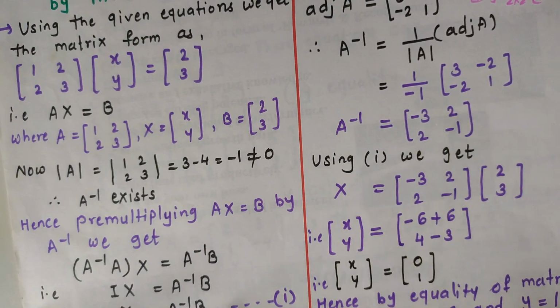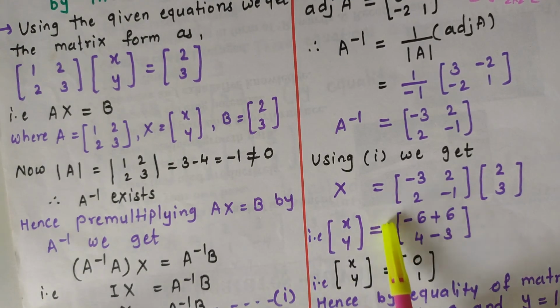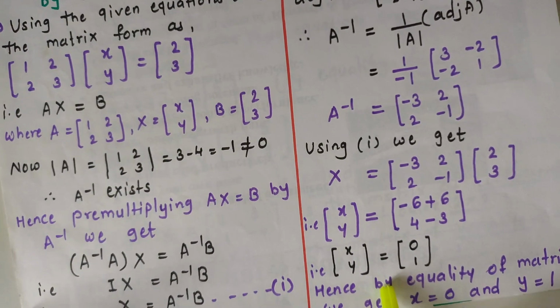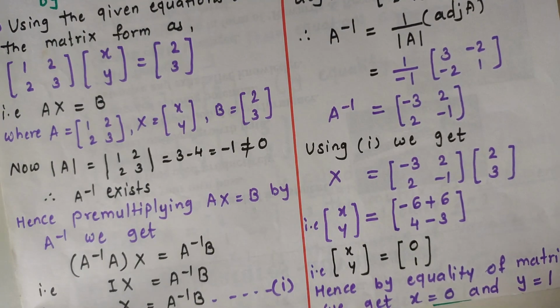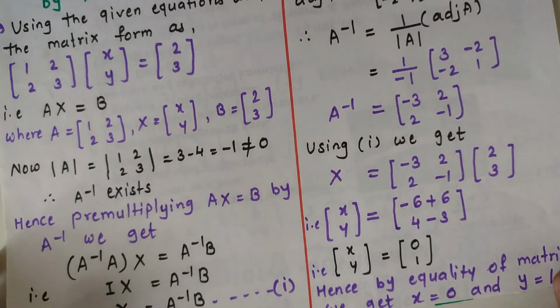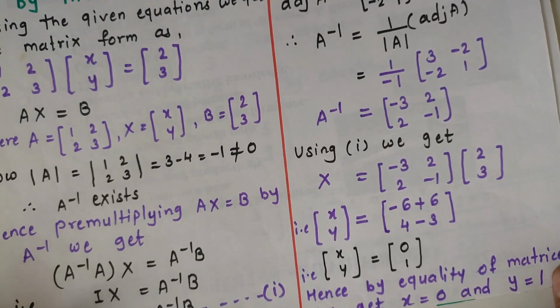Then putting the value of A inverse in this equation, we get the values of variables X and Y. In this way we can find the solution of the given system of linear equations.